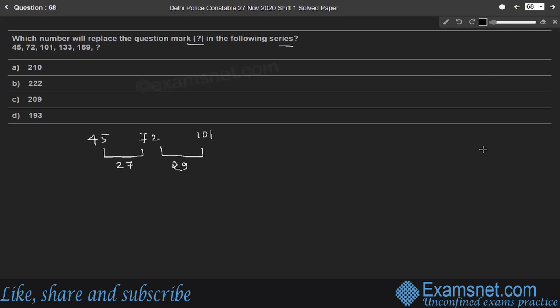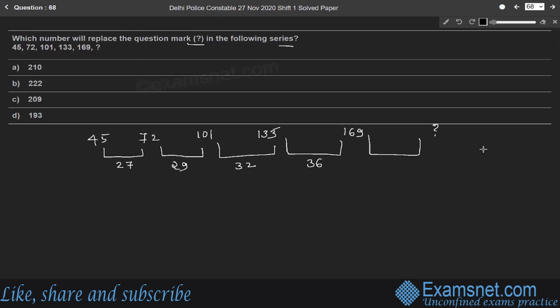So when 29 is added to 72, we'll get 101. Next is 133. The difference between 133 and 101 is 32. And the next number is 169. The difference between 169 and 133 is 36. So we have to find the next number.